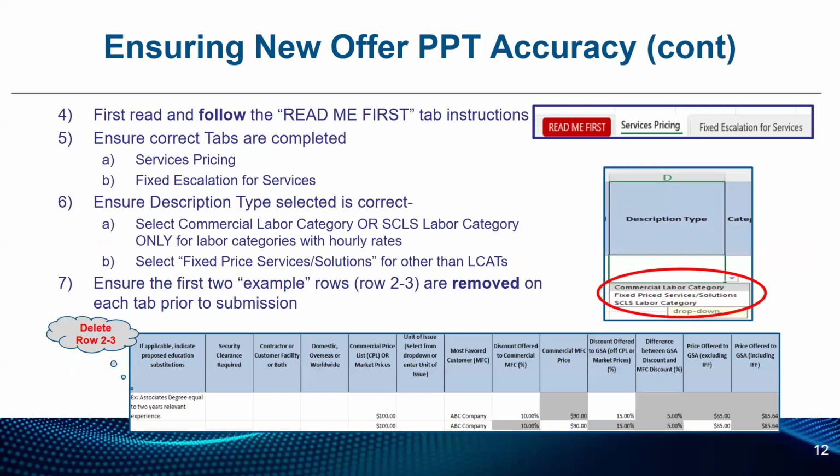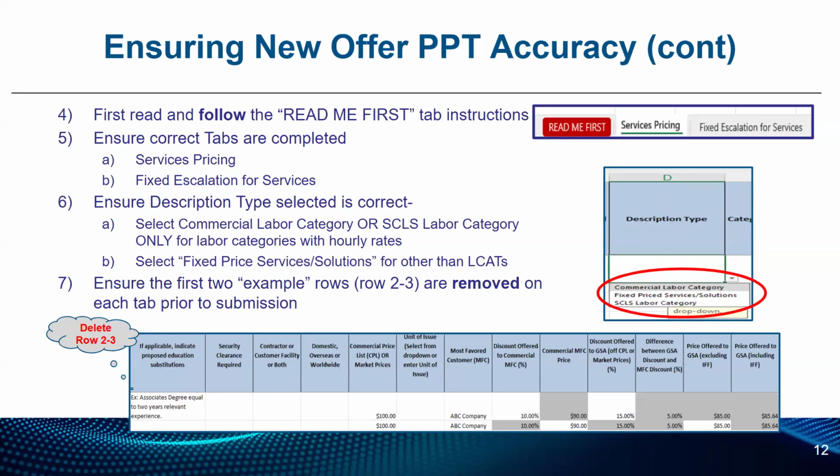To go on with this, please read the README first instructions. It can give you so much valuable information as you're going through your price proposal template. There are a lot of columns and rows to fill out, and it gives you very explicit instructions on how to complete your template.